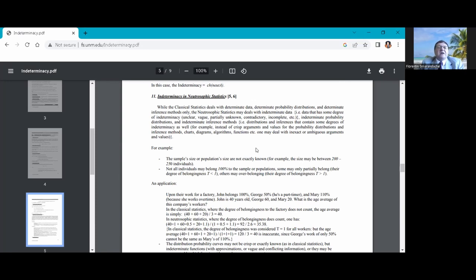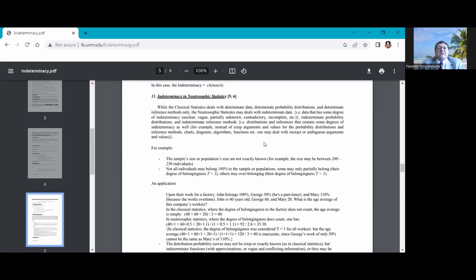Data has degrees of unclearness, vagueness, data which is partially known, partially unknown, or data which is contradictory, incomplete. So in order to study such events based on incomplete and unclear indeterminate data, we have to use neutrosophic statistics, which is also a generalization of classical statistics.